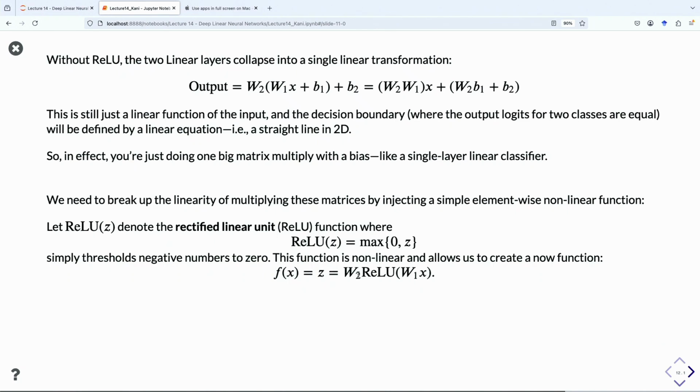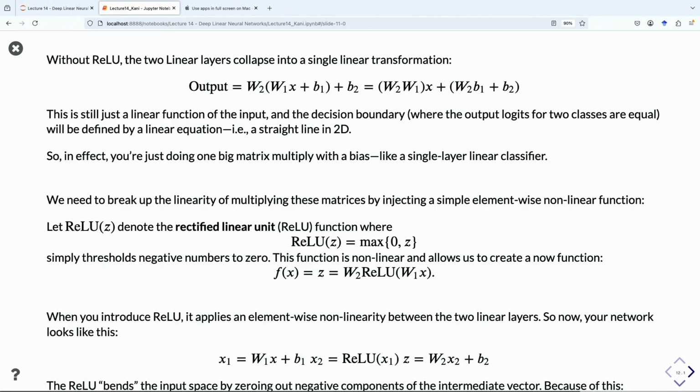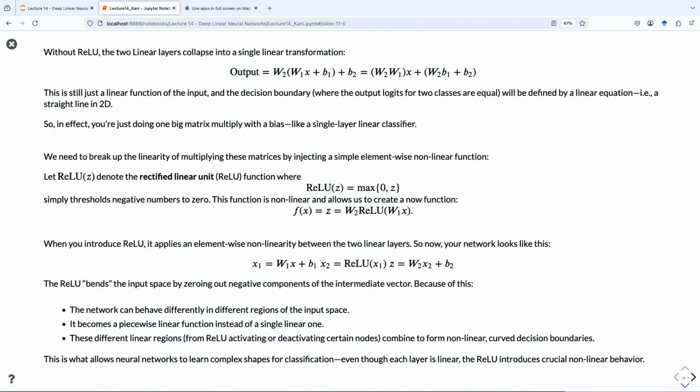So this W2 cannot be passed through this ReLU function and just added to the W1x. Okay? Because of that, you have two separate layers. And because you have two separate layers, you get that curve. So ReLU bends the input space by zeroing out the negative components of the intermediate vector.